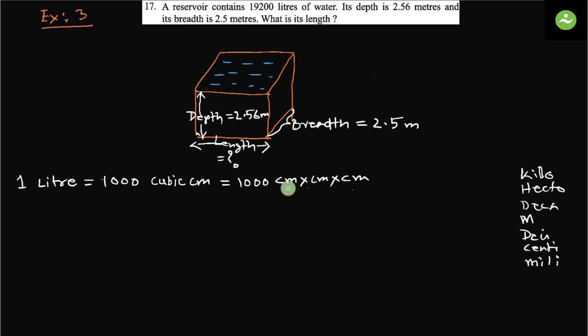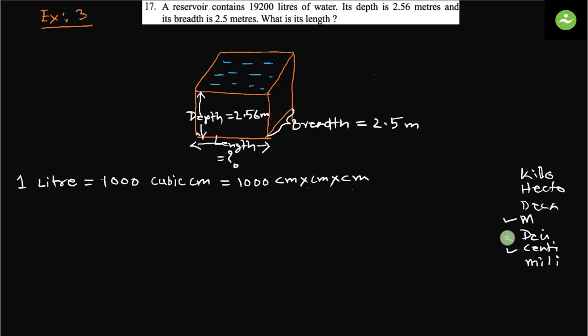The unit we have to find is in meter and it is given in centimeter. 1 liter equals 1000 cubic centimeter. So from centimeter we have to go to meter. If you want to convert centimeter into meter, you have to divide by 100.